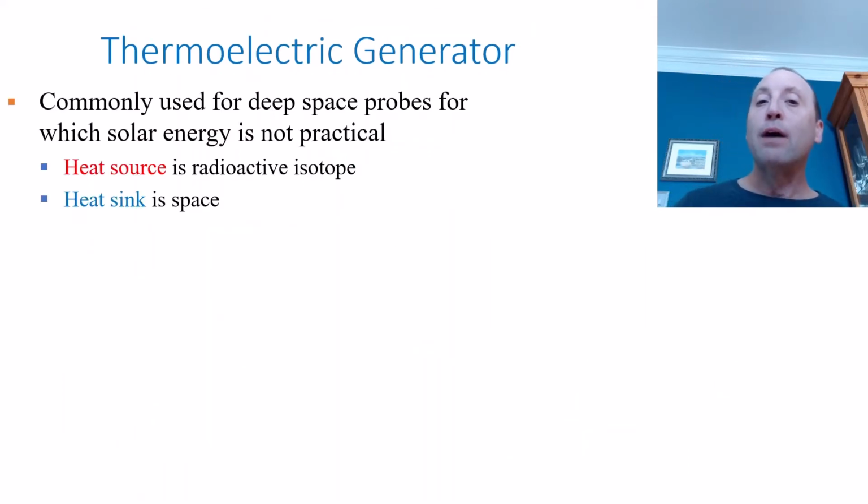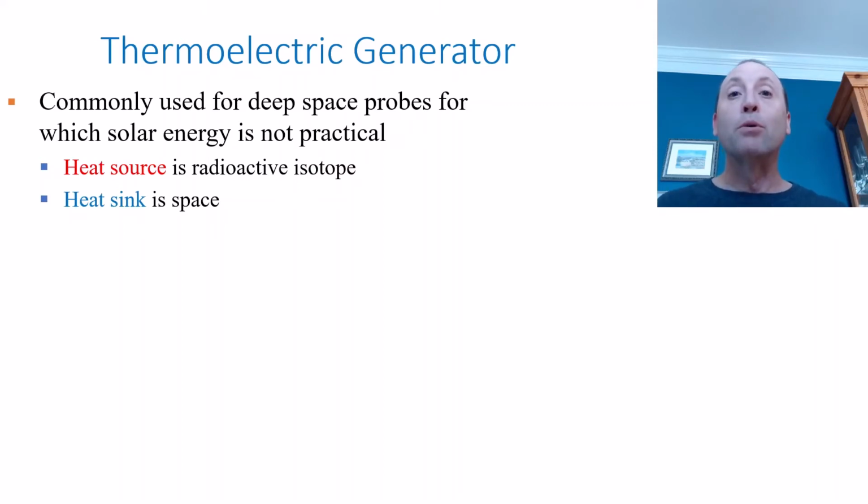So one of the common examples for these thermoelectric generators is for a power source for deep space probes. We think about the New Horizons probe that went to Pluto. It's not able to gather a lot of sunlight on solar cells at that distance, and so that's not a very efficient way to power the computer, the camera, the antenna, and so forth.